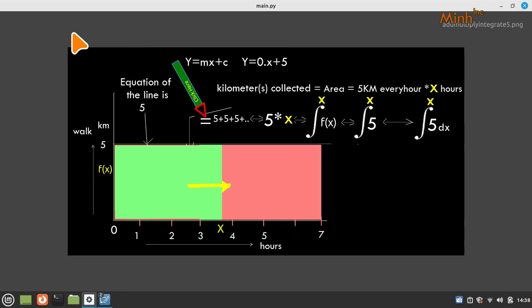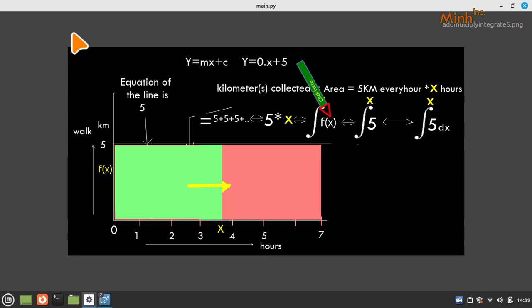Now first we have addition, 5 plus 5 up to x times, that is converted to 5 into x. It is added up to x times, that is converted to 5 into x, same thing. Now it is converted into integration kind of notation, nothing more. So 5 is converted to fx and x becomes like this.